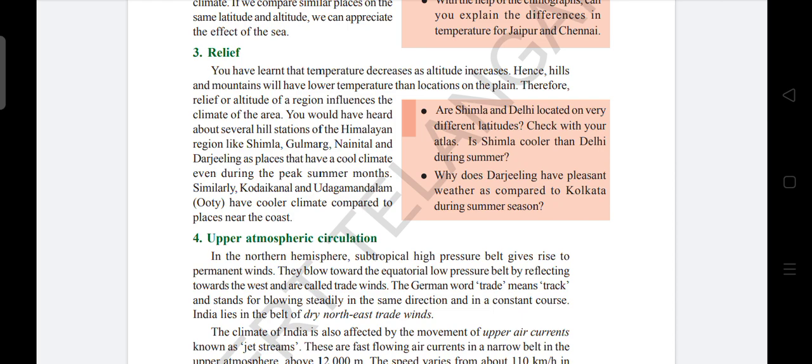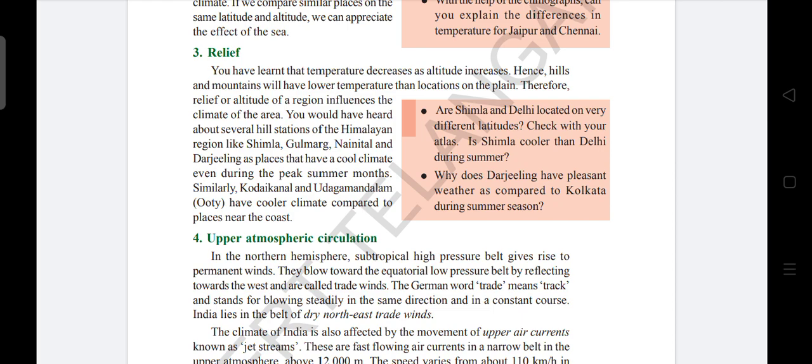You would have heard about several hill stations of the Himalayan region like Shimla, Gulmarg, Nainital, and Darjeeling as places that have a cool climate even during the peak summer months. Similarly, Kodaikanal and Udagamandalam, means Ooty, have cooler climate compared to places near the coast.